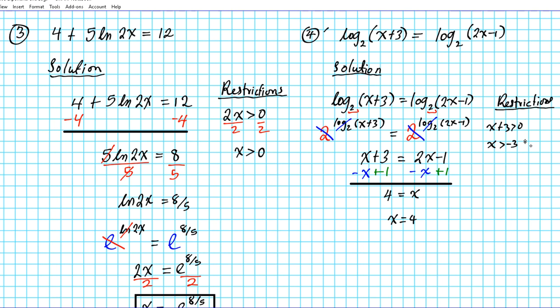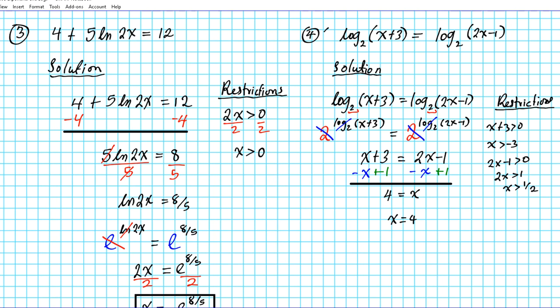And the other restriction is that 2x minus 1 has to be greater than 0. Add 1 to both sides, 2x has to be greater than 1. Then divide both sides by 2. x has to be greater than 1/2.